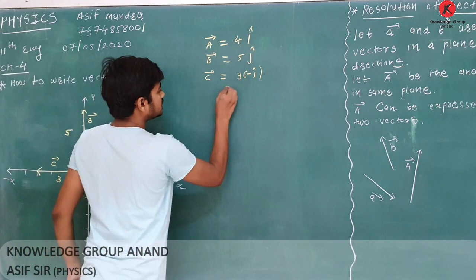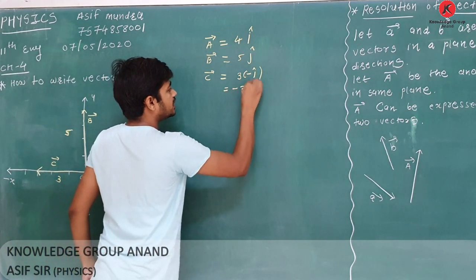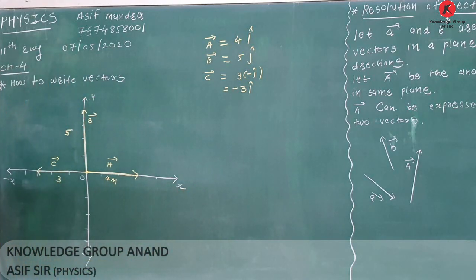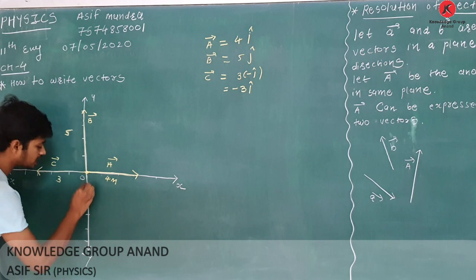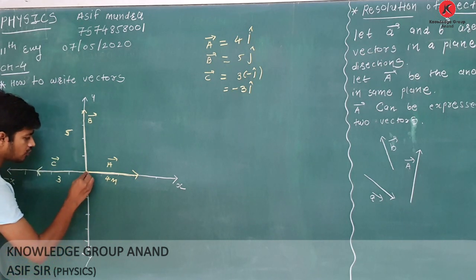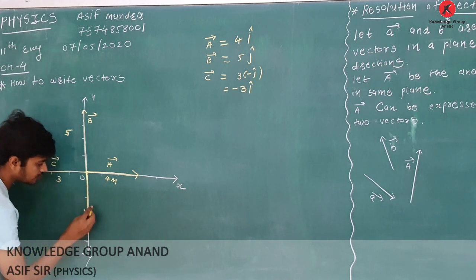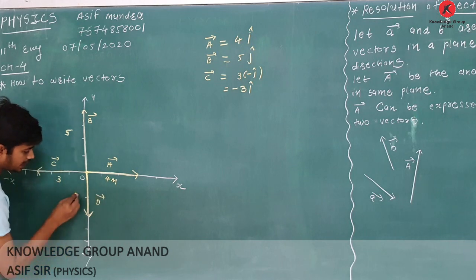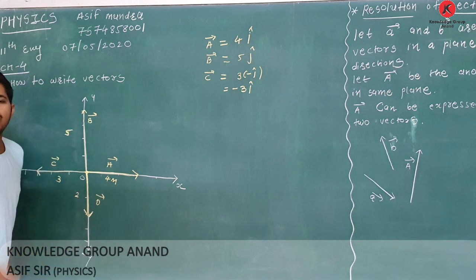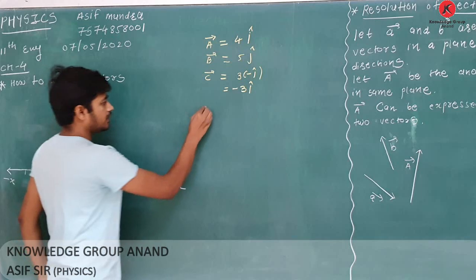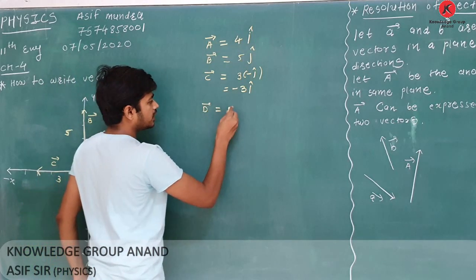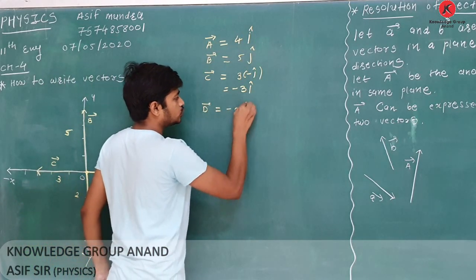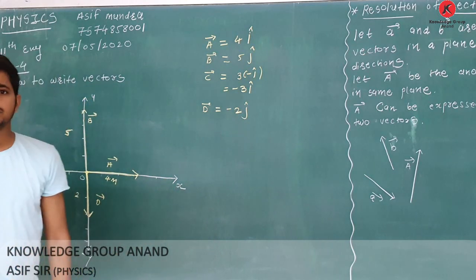So I can write this as minus 3 i cap. Clear about this? Now if I draw another vector like this, it is vector D and it is 2. How to write this? D is equal to minus 2j.